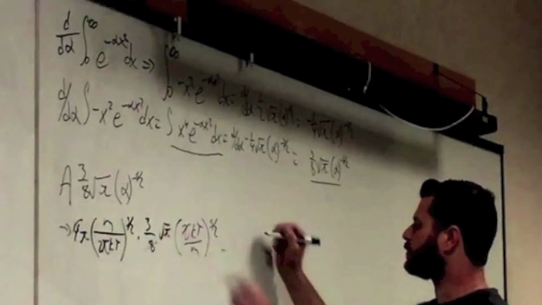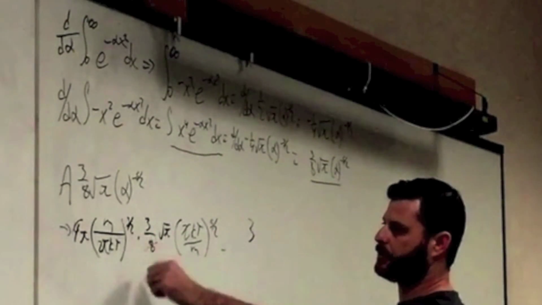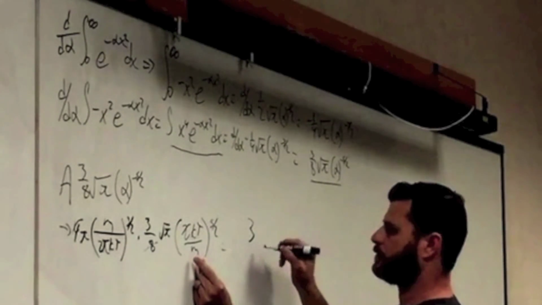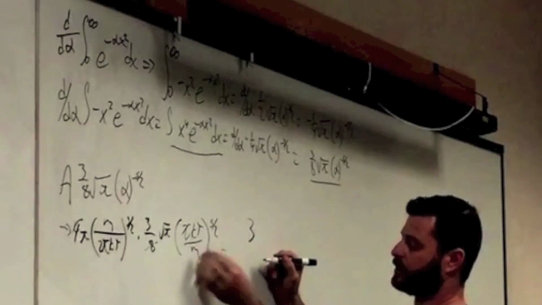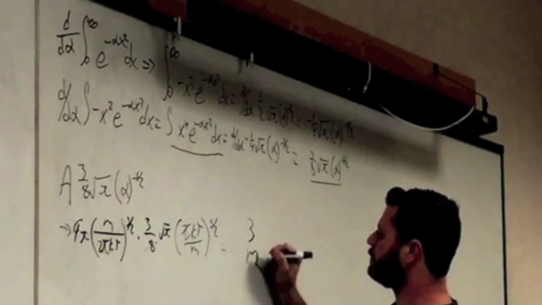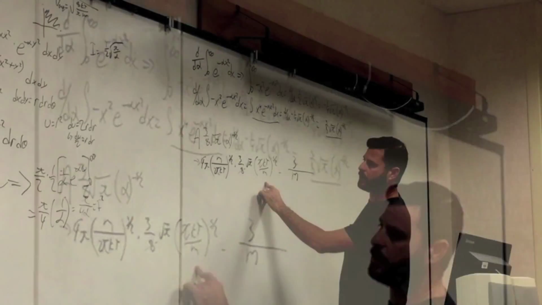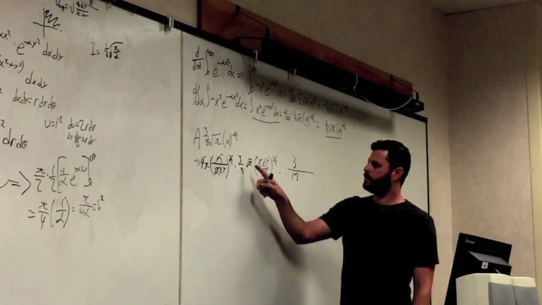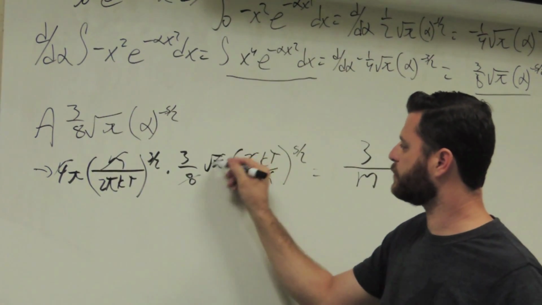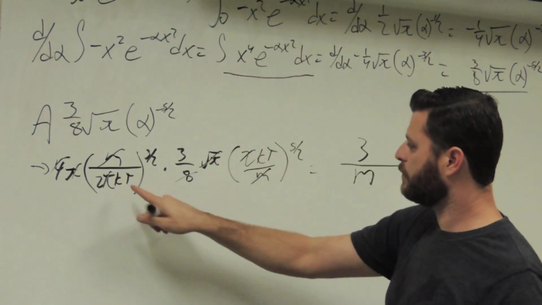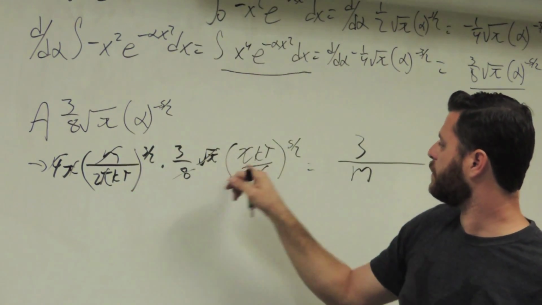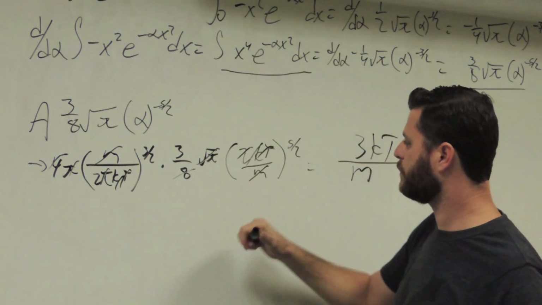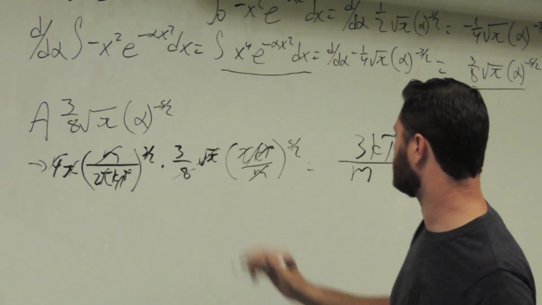And so this 3 is the only number that's going to remain. You're left with an m in the denominator. Left with a root pi down here, and it cancels out with this one here. You get k left in the numerator, t left in the numerator, and that actually cancels everything out.